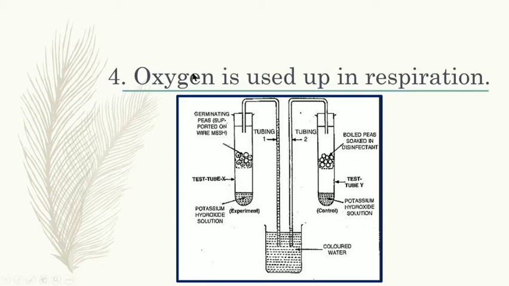Now we are going to study the aim of the experiment, that oxygen is used up. To check it, we will introduce a burning paper into each test tube after removing the cork. So we will remove the cork and introduce a burning paper in test tube X and test tube Y also. What will you find here?